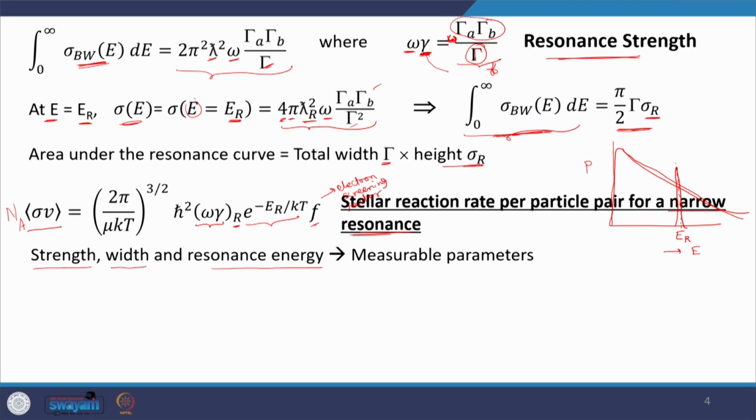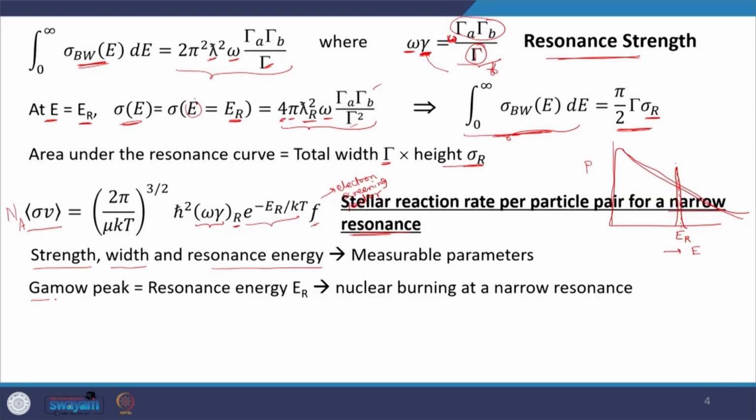You see here in this expression of reaction rate, there is no cross section term involved for narrow and isolated resonances. Just measure the width of the resonance, just measure the strength of the resonance, and anyway the incident projectile energy is known, measure it accurately, you are done with the reaction rate measurement for narrow resonant reactions.